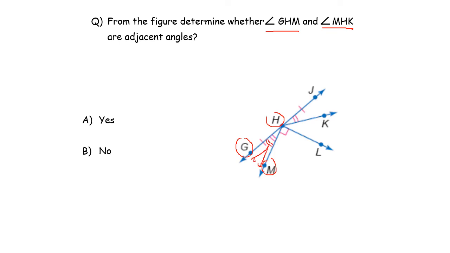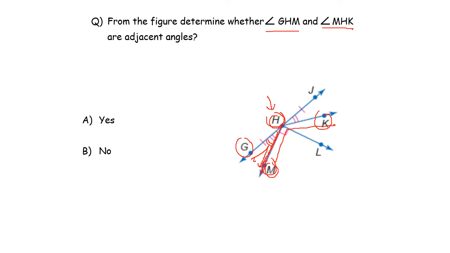And the second one is MHK. This particular angle they are talking about. So they are adjacent, yes, because they have a common point H, a common vertex, and a common arm, a common ray, that is HM. HM is common to both.